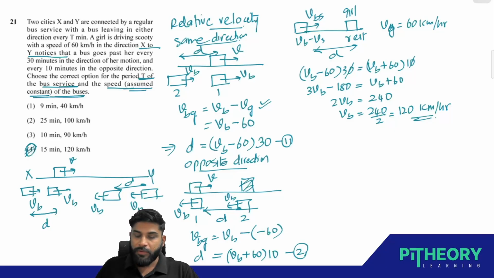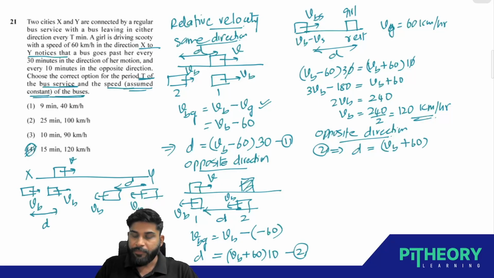Okay, for that, let's suppose the second situation. In the same case of opposite direction, let's consider the motion of the girl and the bus that is traveling in the opposite direction. The second equation that we had, what is that? D is equal to VB plus 60 into 10. Correct? 10 is actually in minutes, so let's convert it into hours.